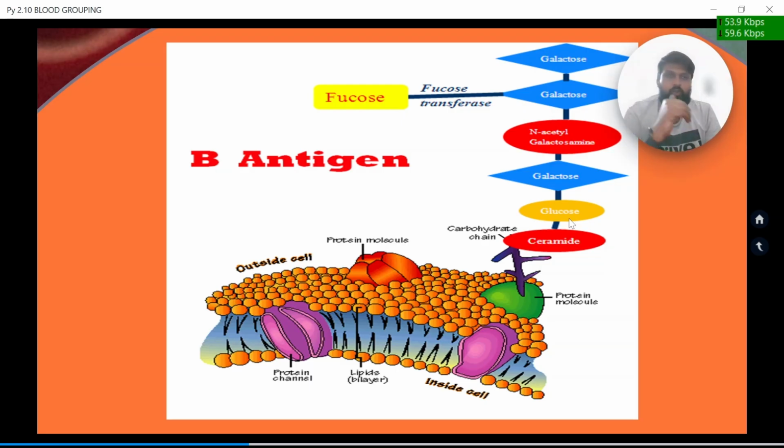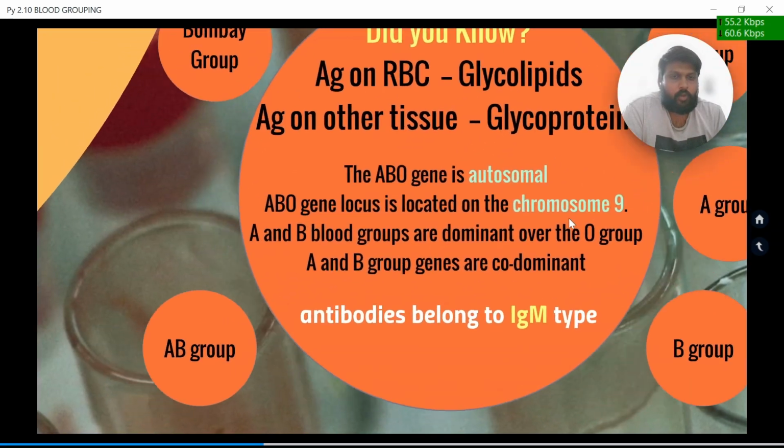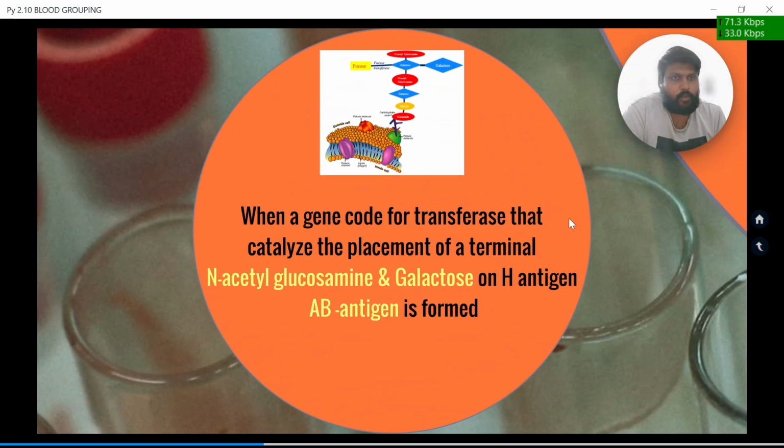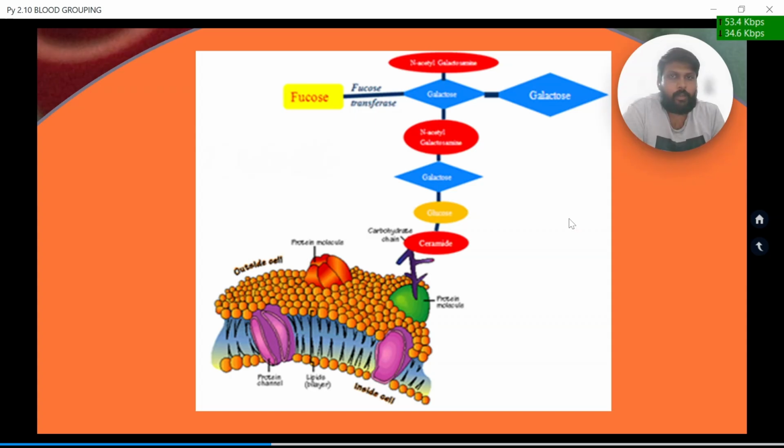So if you are adding galactose on top, then it becomes B antigen. When you have a gene which is going to place both N-acetyl galactosamine and galactose together, then it becomes AB antigen. You have both N-acetyl galactosamine and galactose, so both are present. Now this becomes AB antigen.